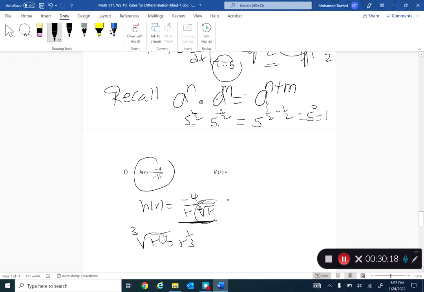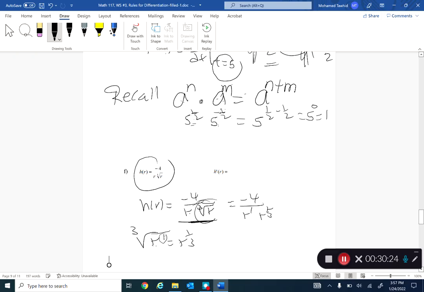So this one will be negative 4 r to the power 1 multiplied by r to the power 1/3. When I add those together, what is your base? Your base here is r. According to this rule, a to the power n multiplied by a to the power m, it will be just adding 1 with 1/3.